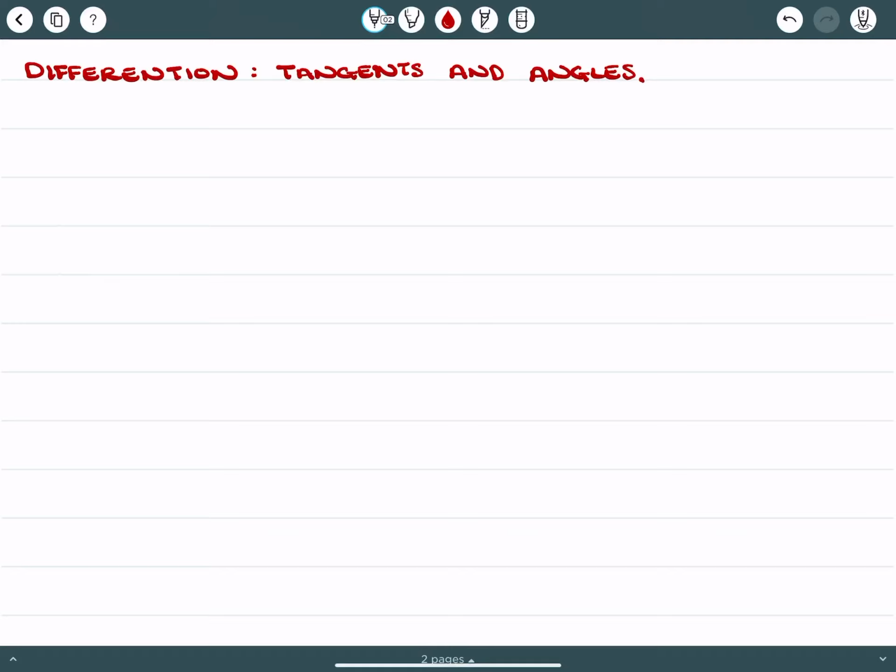One thing you've got to be mindful of when you're working with differential calculus is the relationship between tangents and angles. When we talk about tangents, normally you would have learnt in year 9 that tangent is derived as m being the slope, and the slope is given by the rise over the run.